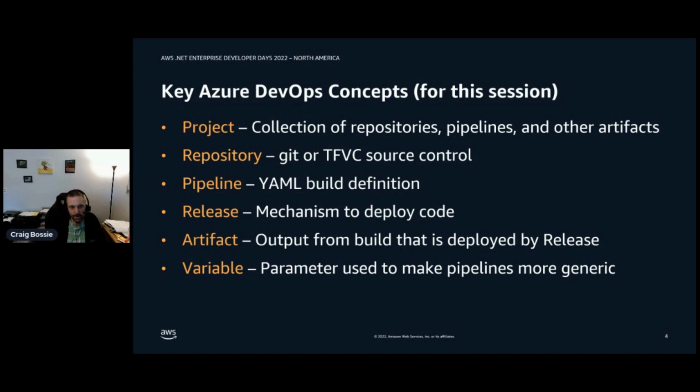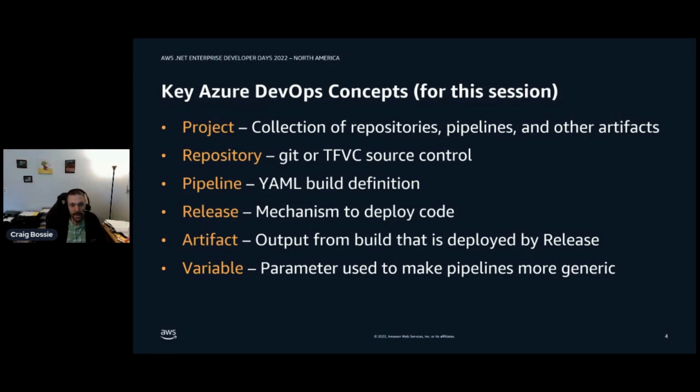It's like a container for an application or project. A repository is where source code is kept. You can use the popular Git source control format or TFVC, which is Team Foundation Version Control. It's kind of like Subversion. A project has one source control repository by default, but you can create more as needed.